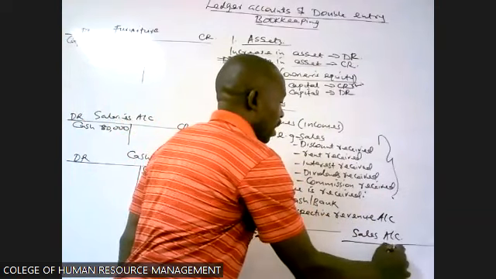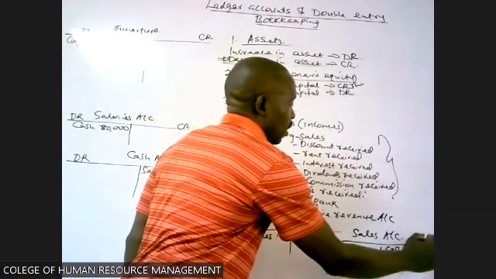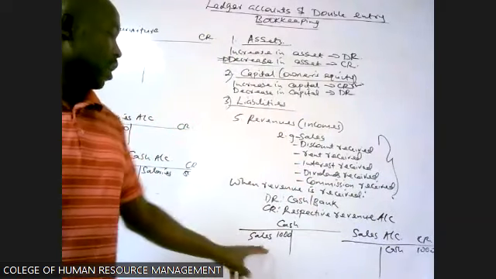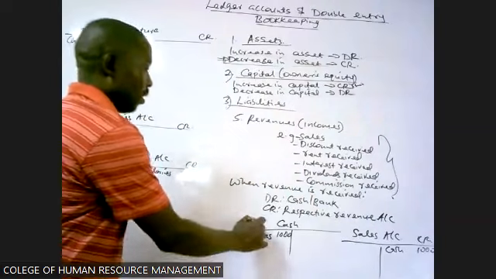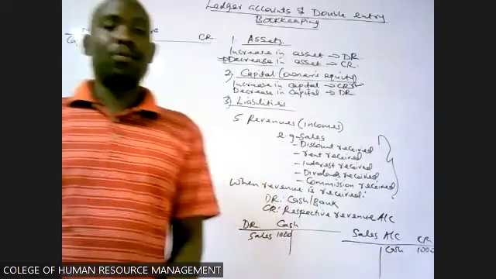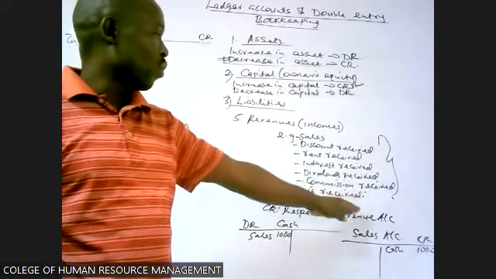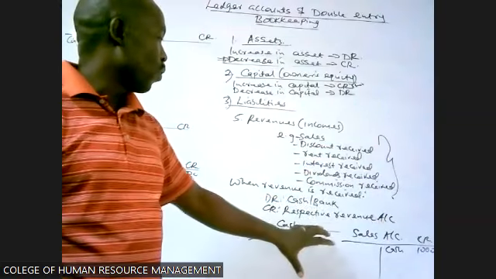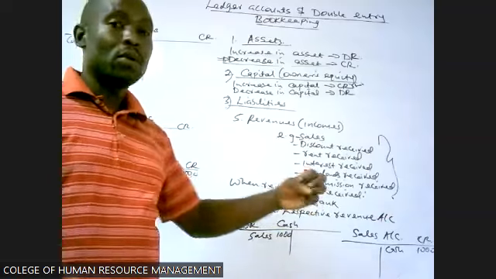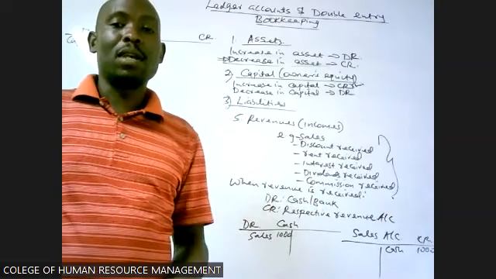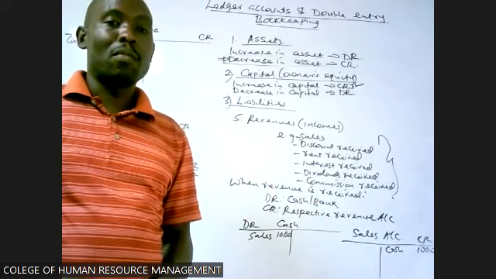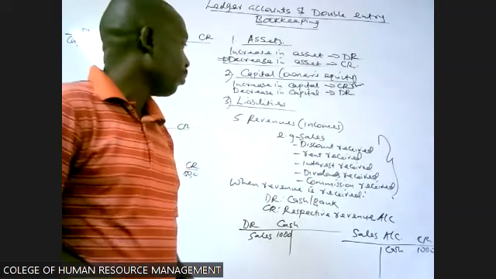Then we credit here by cash. We debit this one. We credit this one. So revenues are always going to be credited, and then we debit either cash or bank because it is going to mean money is being received. Anytime money is received, we debit cash or bank accounts.